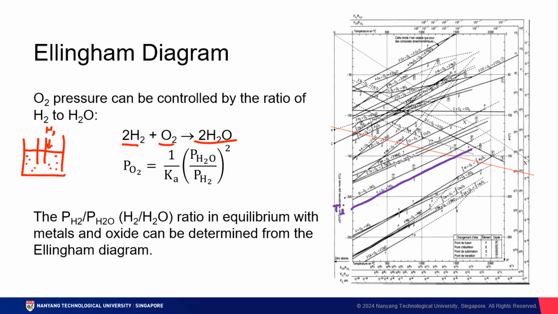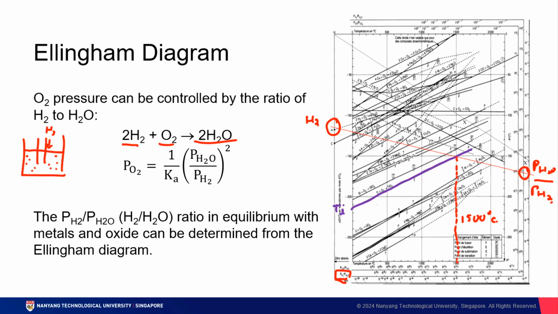The first thing we do is to identify the oxidation line. Next, since we are pumping in hydrogen, we can identify the intersection point through the operating temperature of the furnace, in this case 1500 degrees Celsius, and then draw a line straight through to find the pH2O to pH2 ratio, and that is this second scale over here.